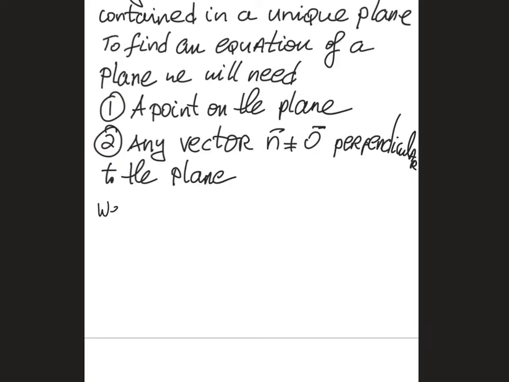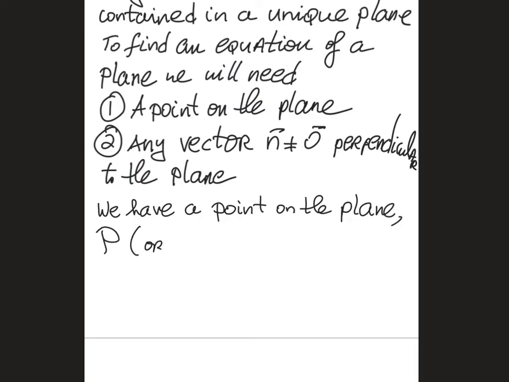So we already have point P that we know is on this plane. Point Q is also on the plane since it's on the line, and the line is on the plane. And so we can find a third point.